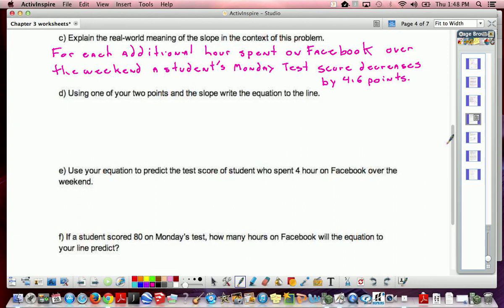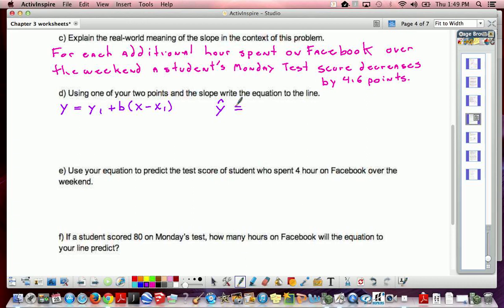All right. So now, in part D, it says using your 2 points and the slope, write an equation to this line. So this is where point slope comes into play. This is where you're using y equals y1 plus b times x minus x1. So this one could have two answers depending on the 2 points you use. If you use that first point, 0, 96, the equation might look like this. So again, we're going to use y hat because we're going to use this line to try to predict.